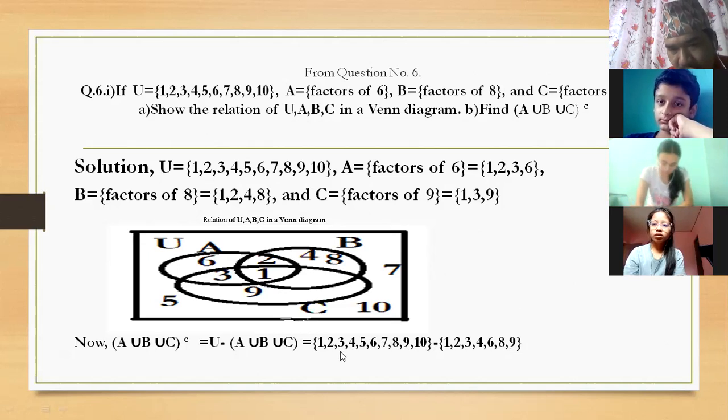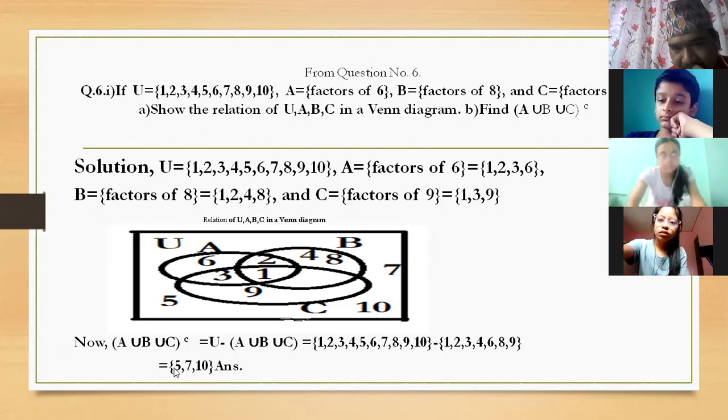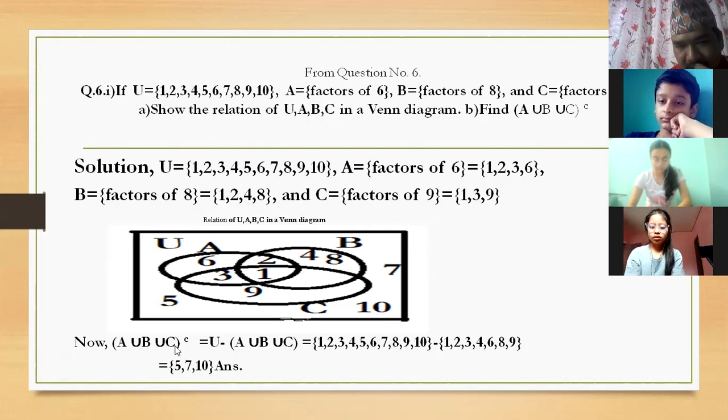Right? Now when you subtract them, what will the answer be? 5, 7, 10. These are the elements of A union B union C complement. Are you clear, children?